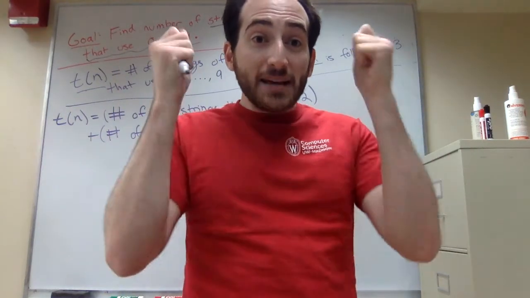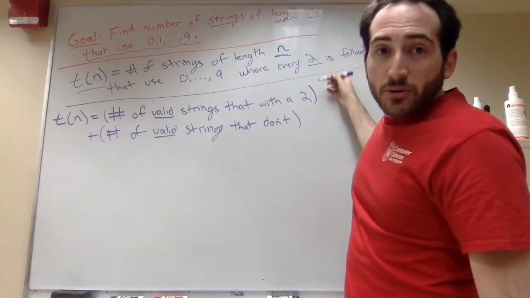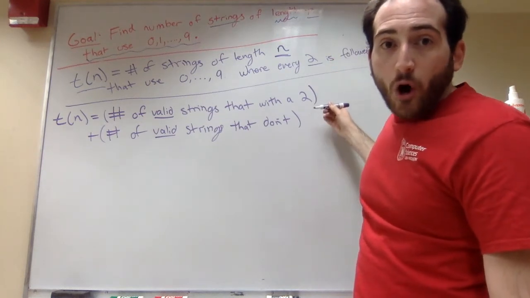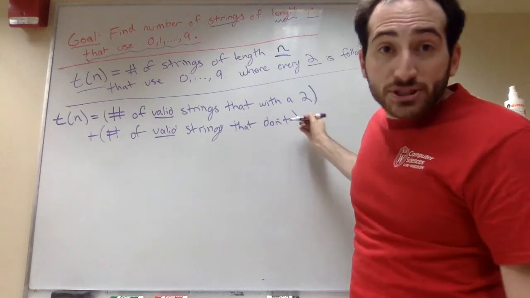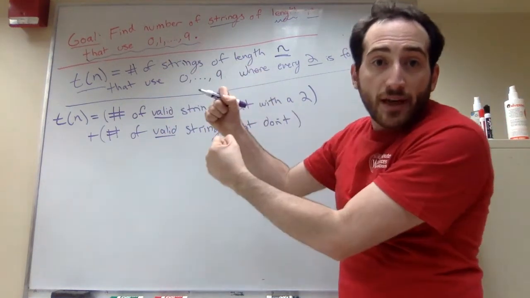This is that same idea. First, we're going to only think about the ones that start with a 2. And then we're going to only think about the ones that don't start with a 2. And those together are all of them.